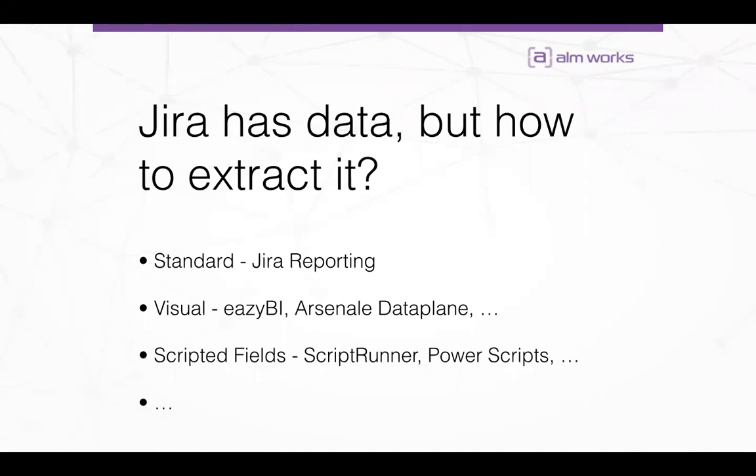You can, of course, create the report for just some subset of issues, some results of a JQL query, but it's not always meaningful because if you have several thousands of issues, probably not all of them are the same, and they may have different meaning for you. Like epics are different from stories, initiatives are different from epics, and all of that usually needs to be taken into account when you're producing a report.